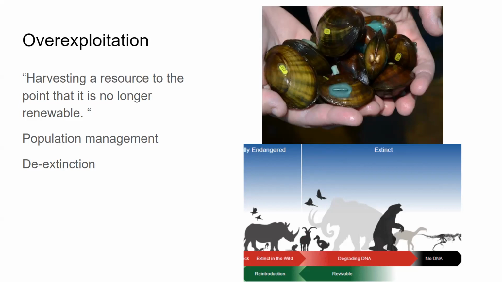One thing that is more of a theoretical process currently, but a lot of people are still talking about, is de-extinction. This is something you'll probably recognize with the woolly mammoth, where they're hoping to be able to use elephants as a vector to bring back the woolly mammoth in some way.